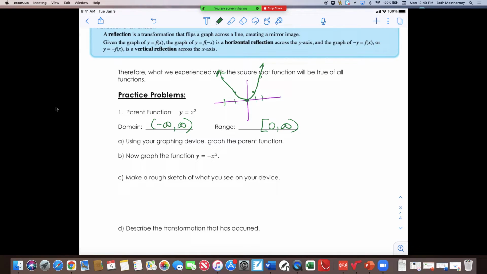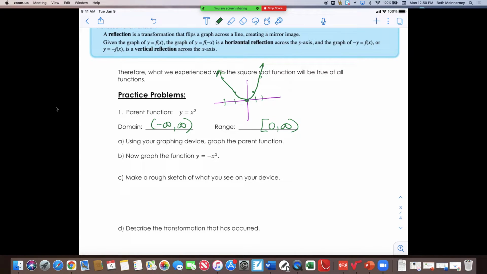Now, I would like you to take out or go to Desmos, or take out your graphing calculators for those of you that have graphing calculators. And what I'd like you to do is put in y equals -x squared. And those of you with graphing calculators, if you don't know how to graph, just raise your hand and I'll come around and I can help you.